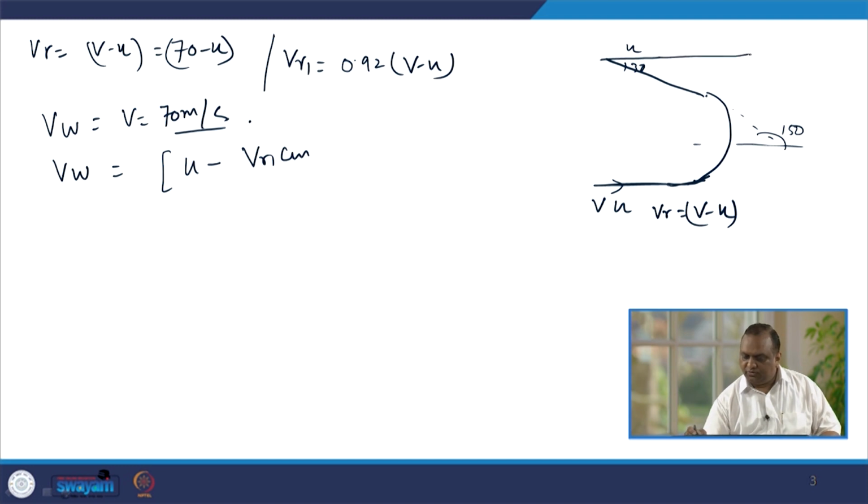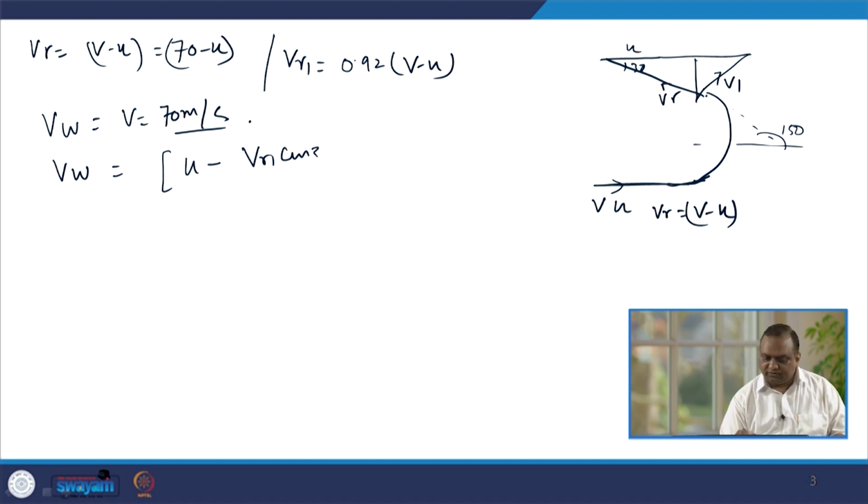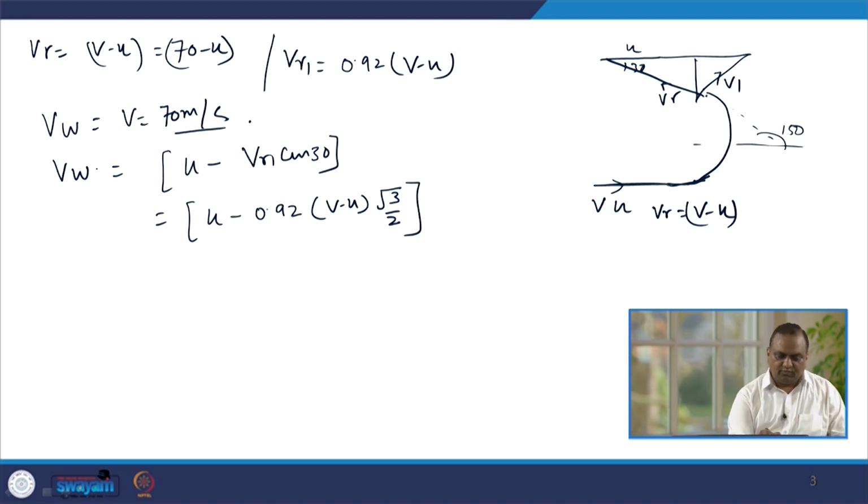Suppose this is U, this is V1, and this is VR, so it is VR cos 30. Or we can say it is equal to U minus VR1, which we have already calculated as 0.92 (V minus U) times root 3 by 2. This is VW1.